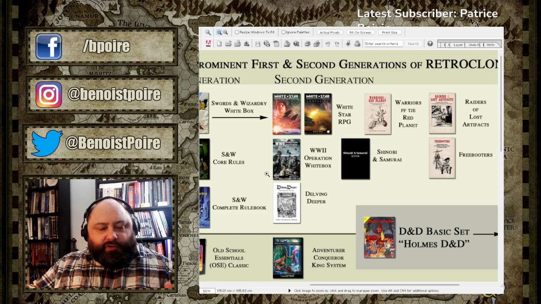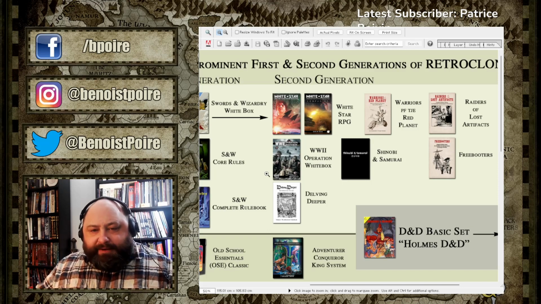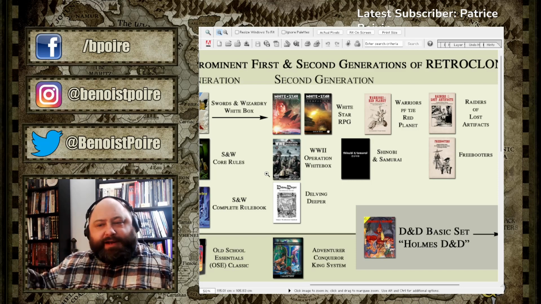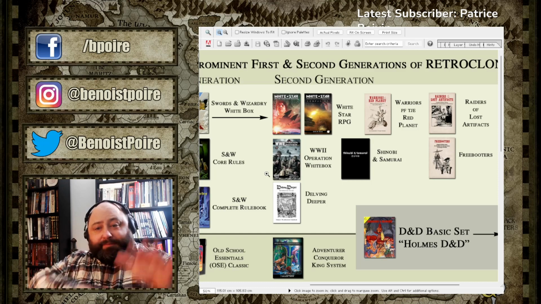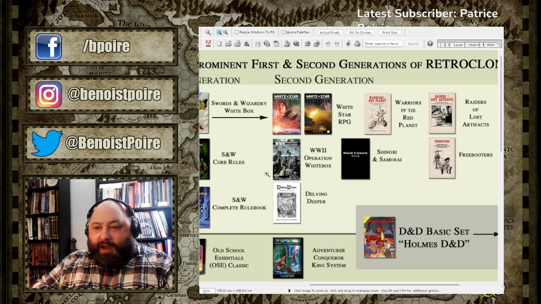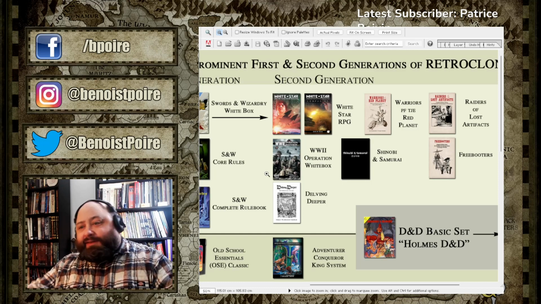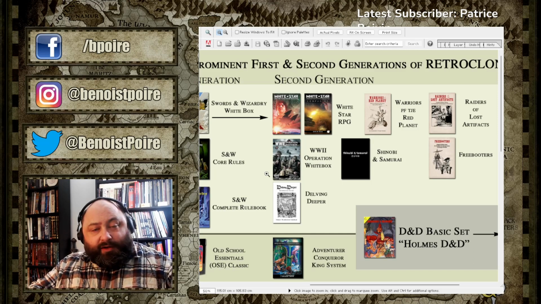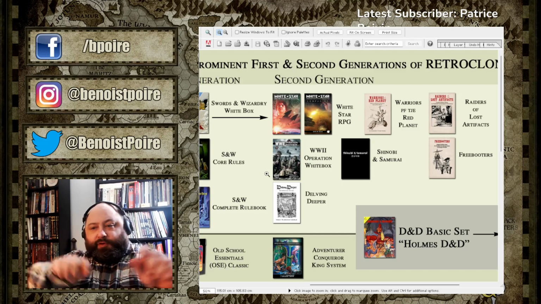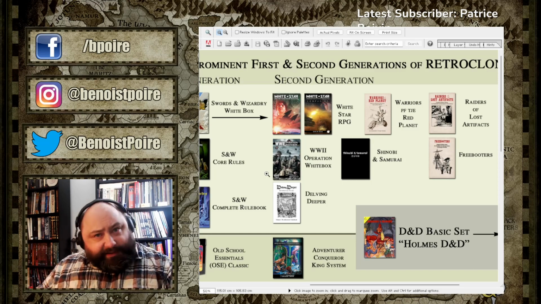If you want minimalistic rules and you want the most bang for your buck in terms of being able to play a different flavor entirely or mix up different flavors, for instance, I want samurai and rogues in space, this is where to go. You pick up a few of these variants and you make up your own soup like this.